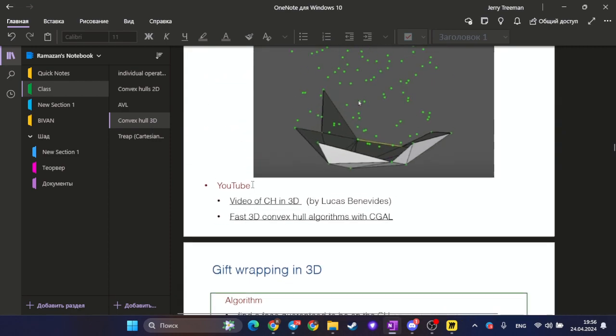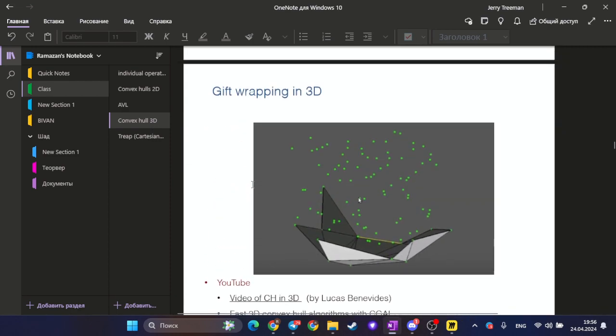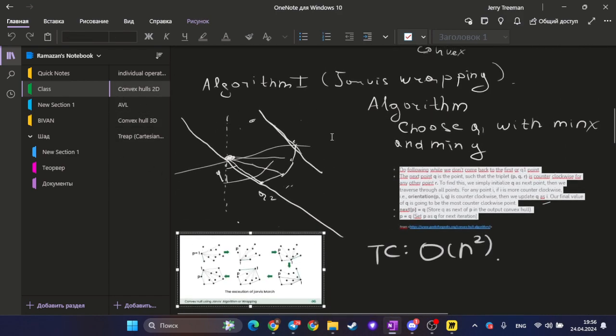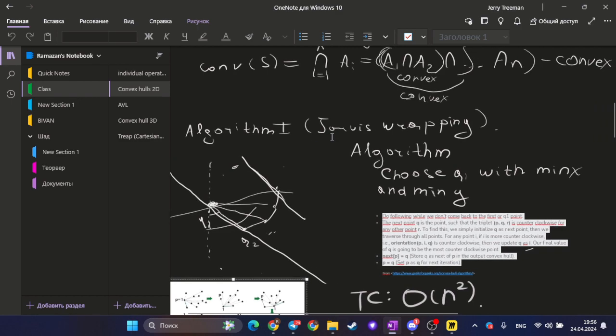How to do it? Let's consider once again the convex hull algorithm in 2D space. Here we need to choose the point with the smallest x coordinate. Then we need to choose among all of them the point with minimum y coordinate.